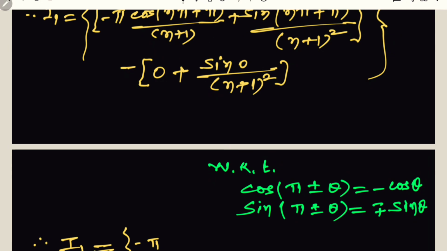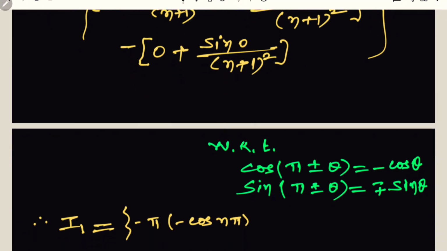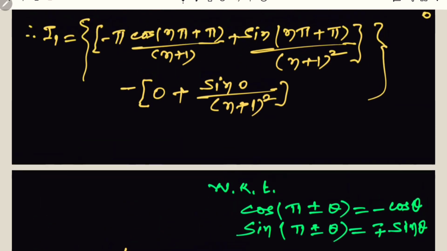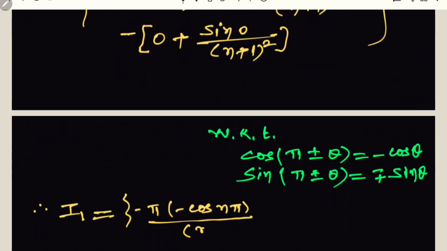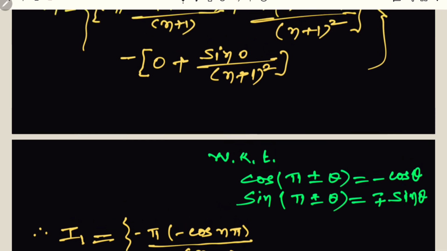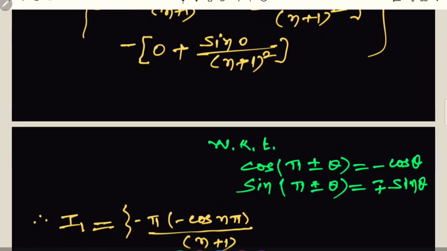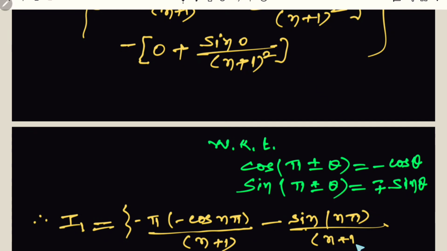Therefore, that minus and this minus becomes plus cos of n pi whole divided by n plus 1, and the second term, sine n pi plus pi is minus sine theta, means it becomes minus sine of n pi divided by n plus 1 whole square, and for lower limit we have 0.